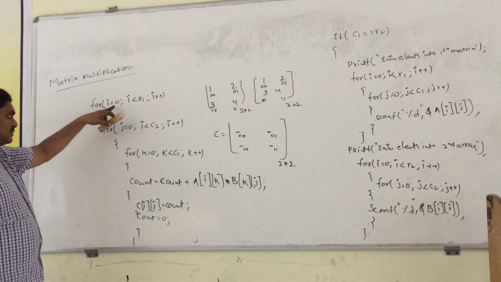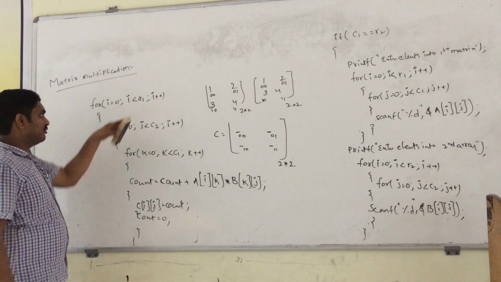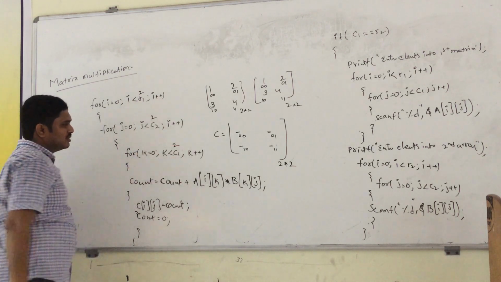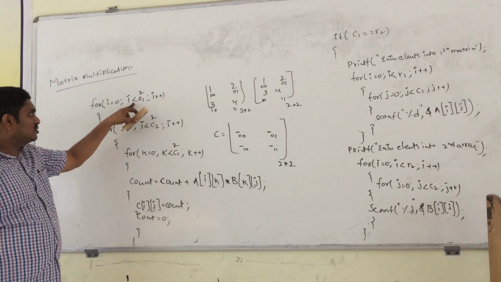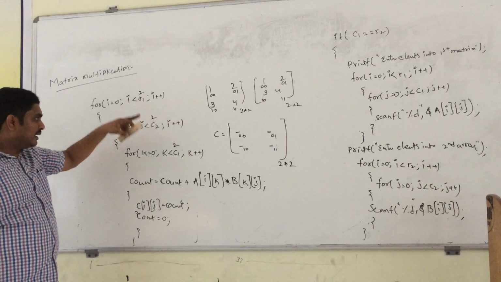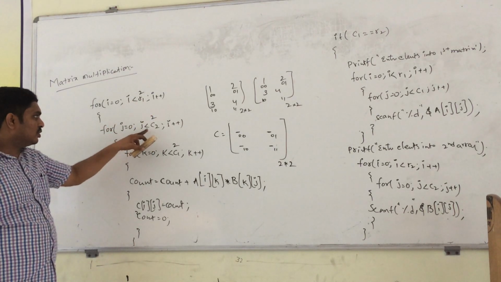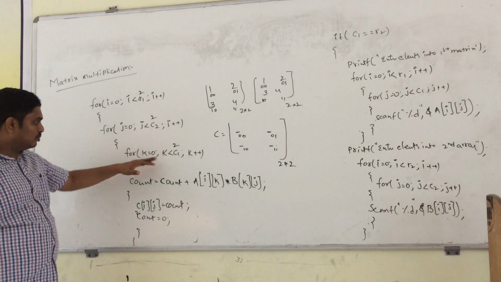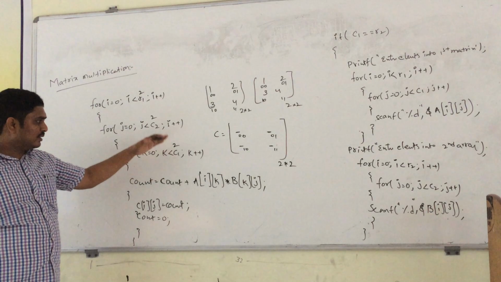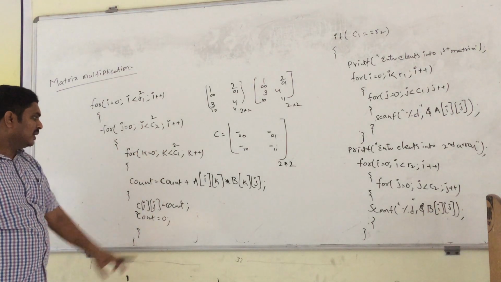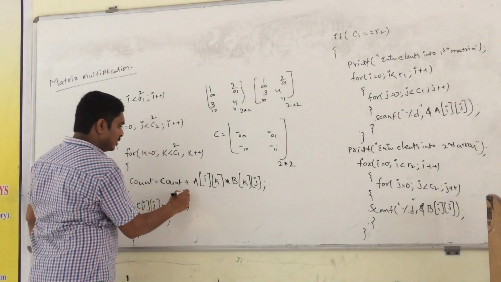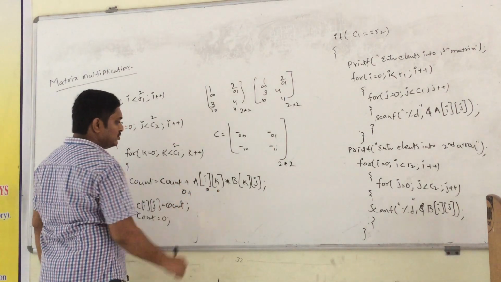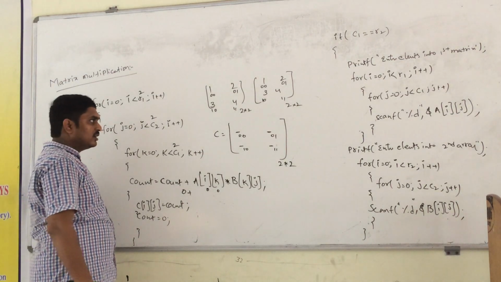Okay. So first, for i equals 0, r1, the number of rows, is 2, and the number of columns is 2. For i equals 0, 0 less than 2, condition true, it enters into the loop. For j equals 0, 0 less than 2, it is true, then it enters the loop. For k equals 0, 0 less than 2, it is true, then it enters the loop. Initially count is 0, 0 plus A of ik, i value 0, k value 0.